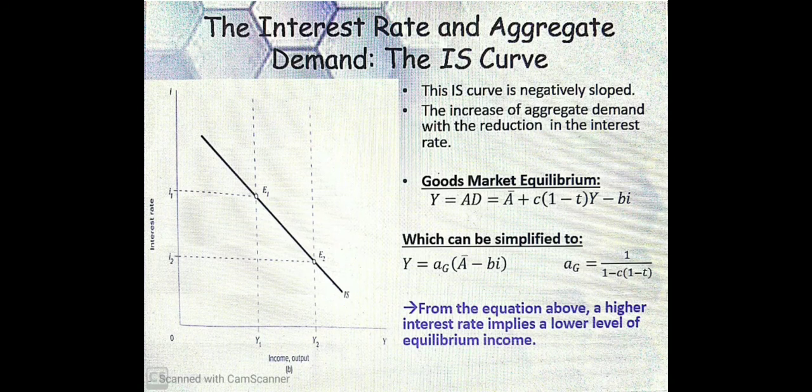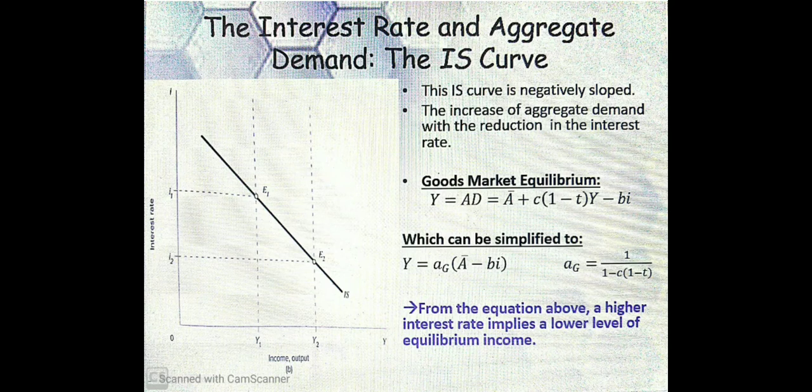The interest rate and aggregate demand, the IS curve, still the same context. As you can see, there is the curve. We have the same kind of curve, but this time it has a negative slope.